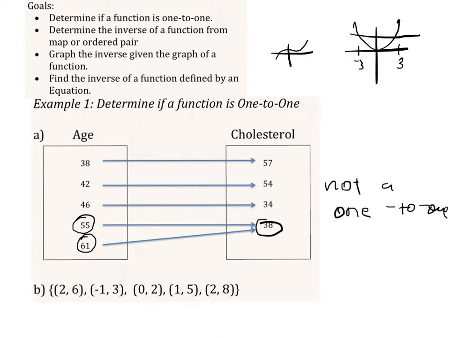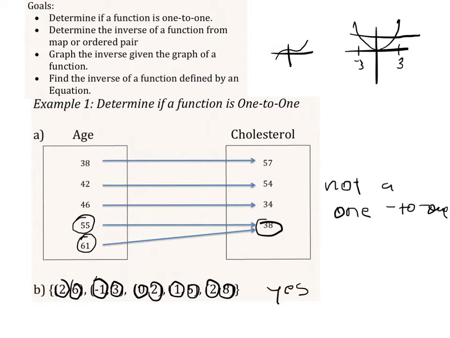But then we come over here and we have 2, negative 1, 0, 1, 2, and all of them have different outputs. So yes, one-to-one function. Another way to think about it is, if I found the inverse of the original function, would the inverse also be a function? If it is, then we say it's a one-to-one function. Okay.